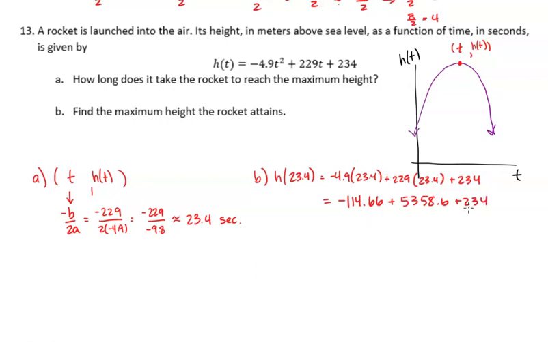So then if I add all these terms together, that gives me a height of about 5,477.94, so we'll say it's about 5,478 meters would be the maximum height that our rocket attains.